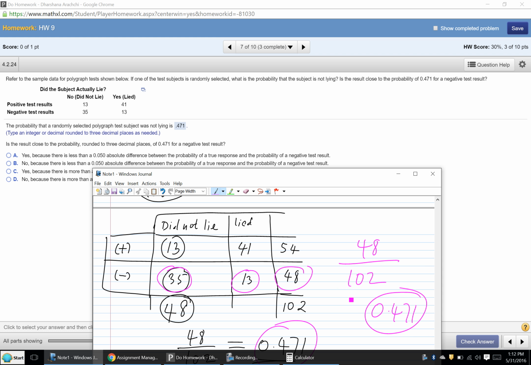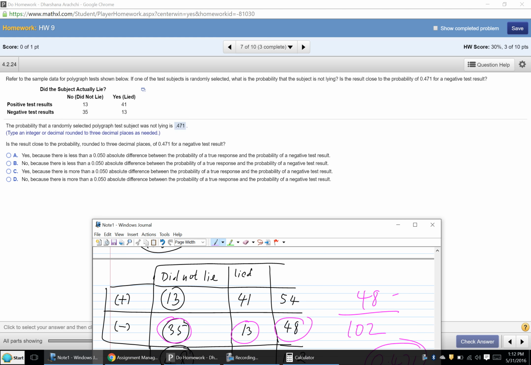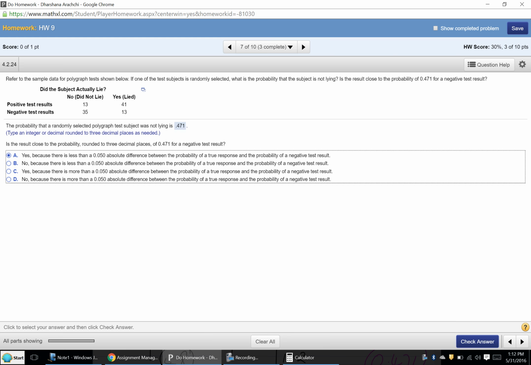So the difference between the probability of true response and the negative test result is pretty much zero: 0.471 minus 0.471 is 0. So is the result close to the probability rounded to the negative test results? I think it is yes. We'll see and we'll check. I think it should be the answer because it's 0. Let's check.